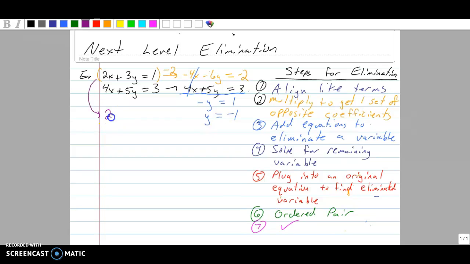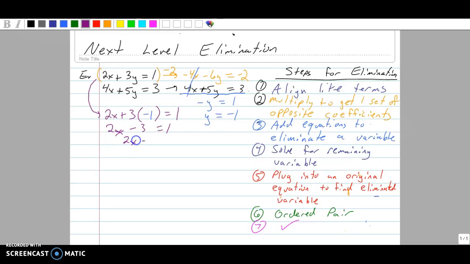So that's going to be 2x plus 3 times y is equal to 1. What's going in for y? Well, the negative 1 that we found. So we have 2x minus 3 is equal to 1. Keep solving.